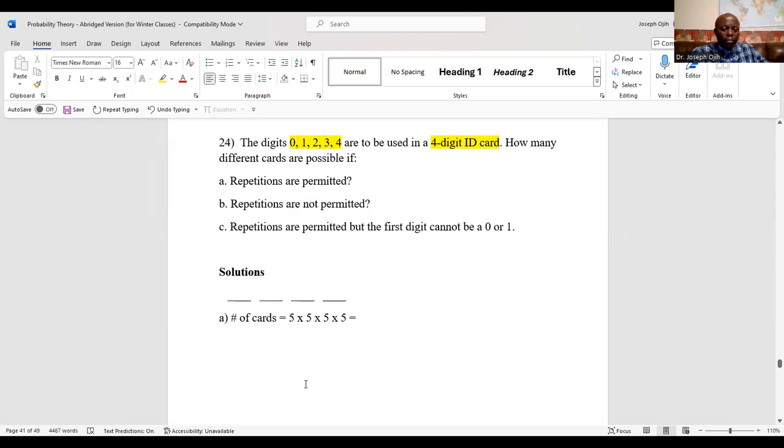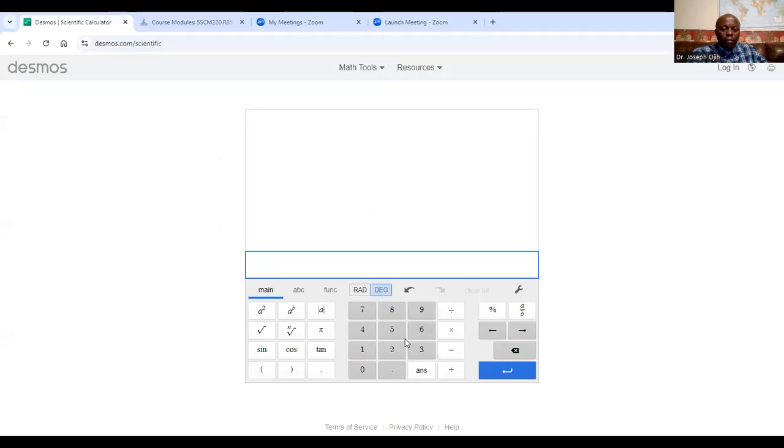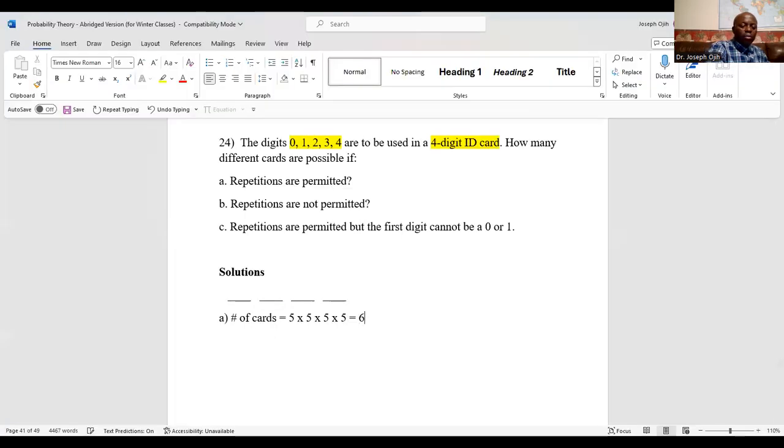So that gives us 5 times 5 times 5 times 5, 625. 625 cards. Now, that's for part A.